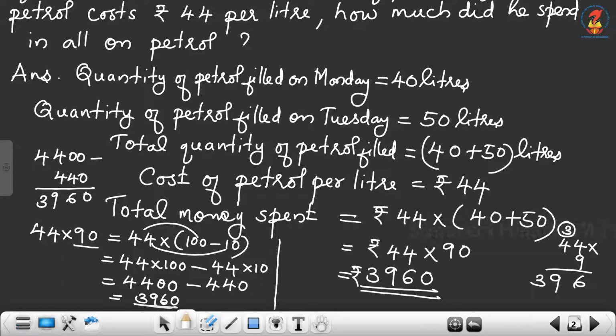So, instead of multiplying straight away with the 90, we can replace 90 as 100 minus 10. So, the total money spent is equal to 3960.